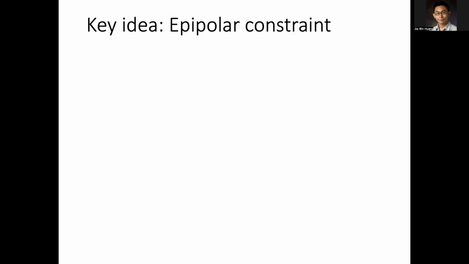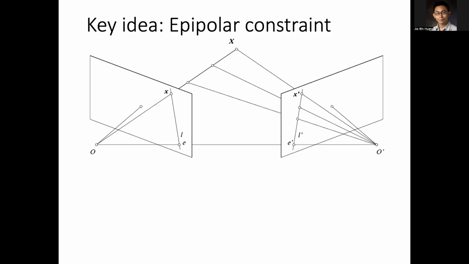So where does that come from? Here is some terminology. We'll go through the math later on, but basically what you see here is two cameras. O is the camera center of the left camera, and O prime is the camera center of the right camera.